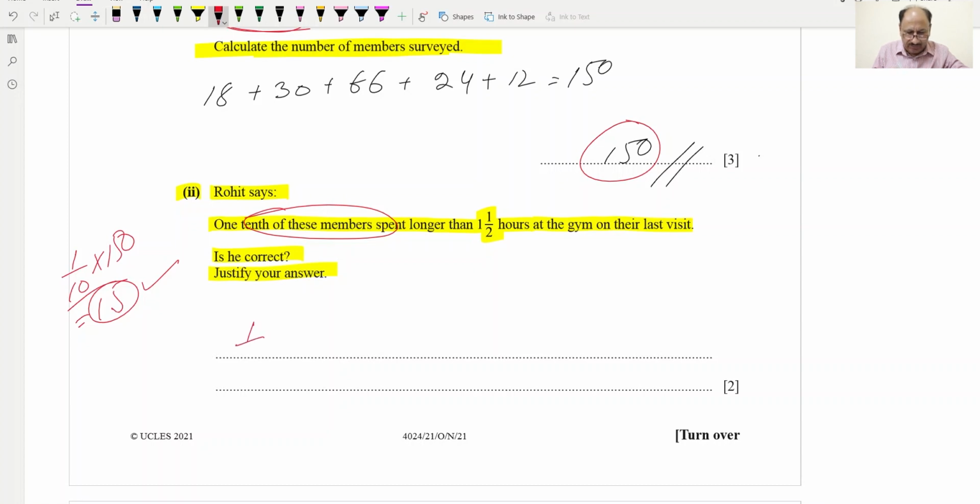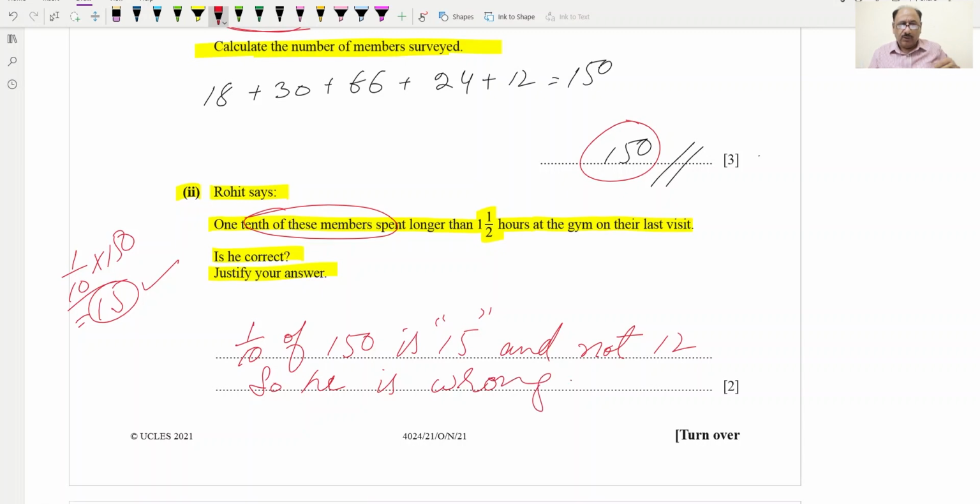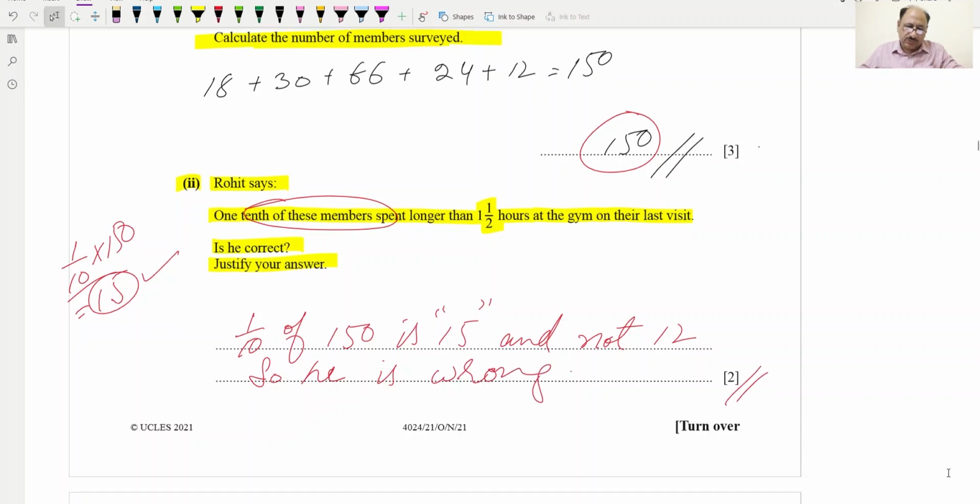So we can write the answer: 1/10 of 150 is 15 and not 12. So he is wrong or incorrect. This is a 2-mark question which we are done.